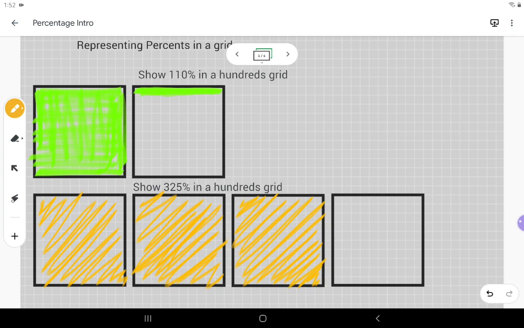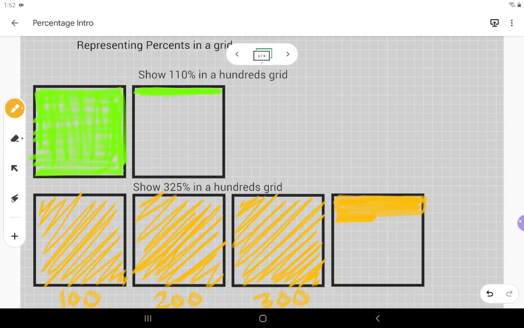I colored in 100 here, and then 200, and then 300, and I still need 25 more percent. So I would color in 25 more boxes. So there's my 20, and then 1, 2, 3, 4, and 5. So there's 325%. Okay, so we have percents that are bigger than 100 as well.